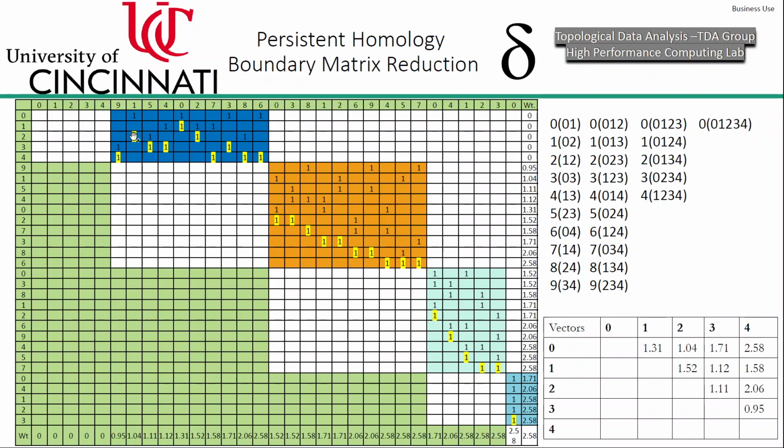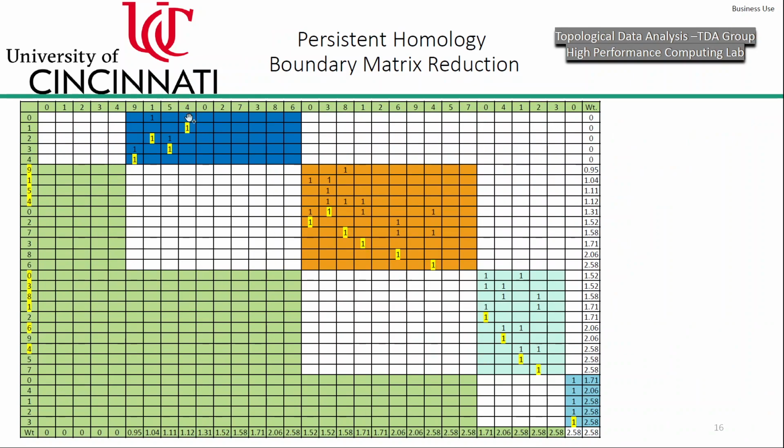So we again add it to this particular column, so now it becomes 1, 1 and 1, 0, and here 4 is left with just 0 and 1 as its boundary. So you can say 4 is left with 0 and 1 as its boundary.